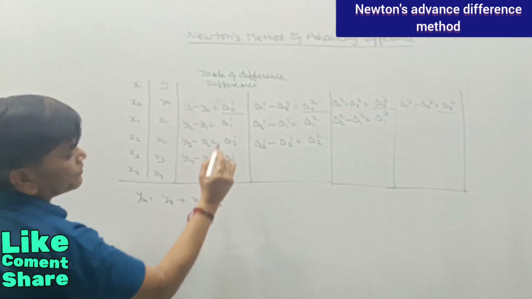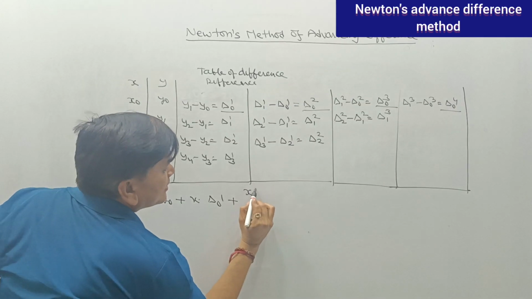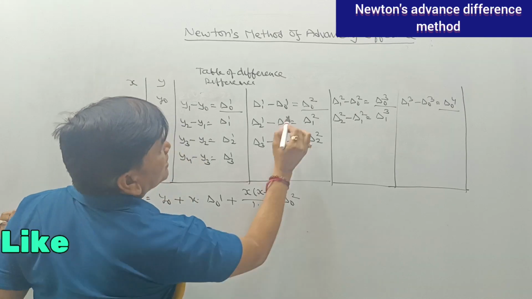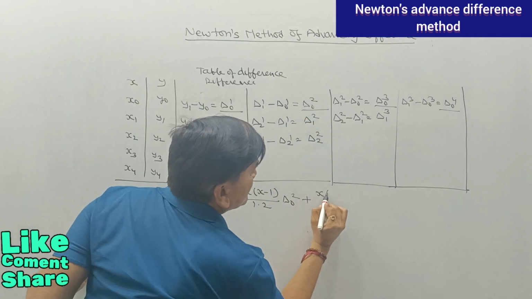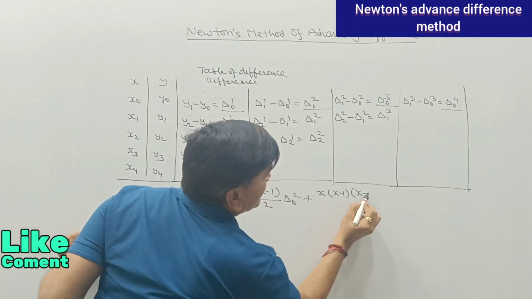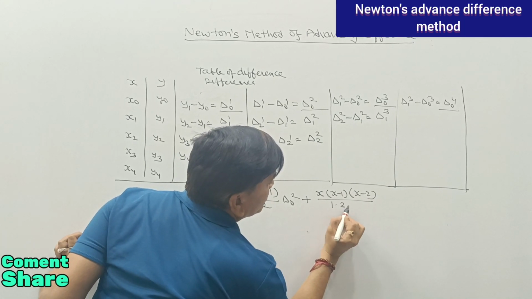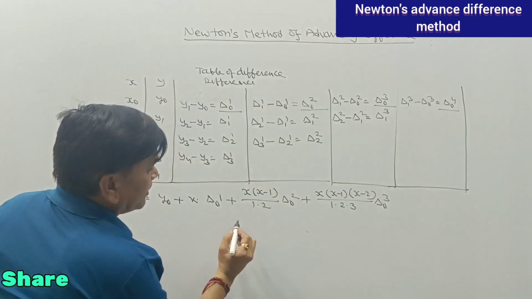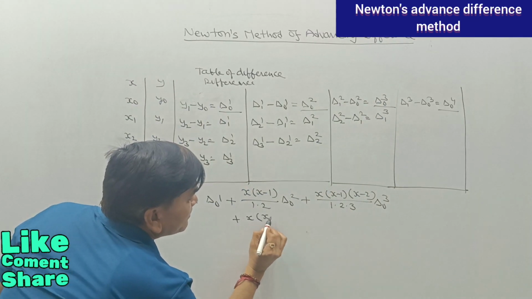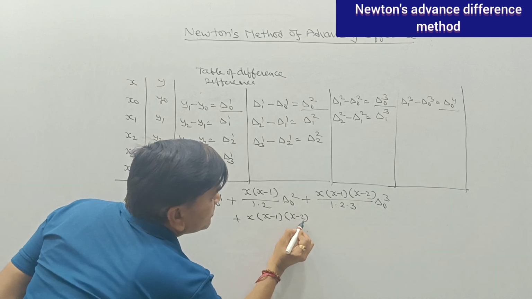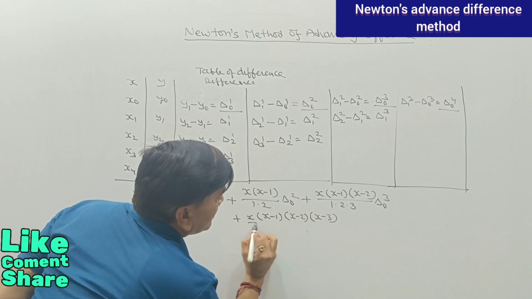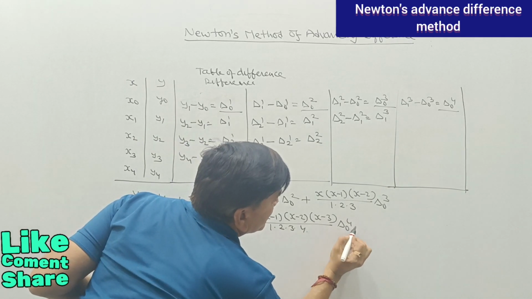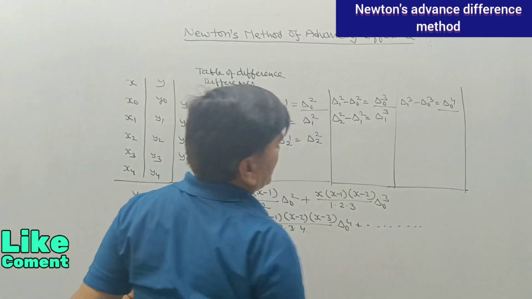It means we use first, then x into x minus 1 divided by 1 into 2 delta 0 2, then x minus 1 x minus 2 divided by 1 multiply 2 multiply 3 delta 0 3, then x minus 1 x minus 2 x minus 3 divided by 1 multiply 2 multiply 3 multiply 4 delta 0 4, up to however many differences there are.